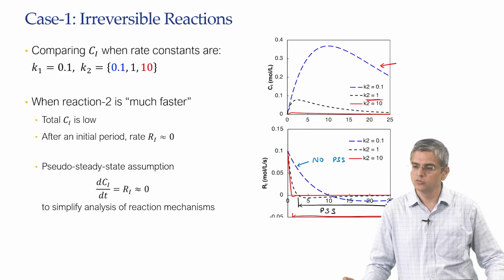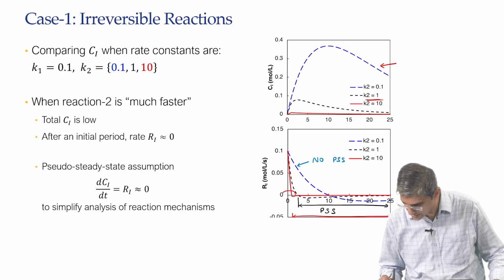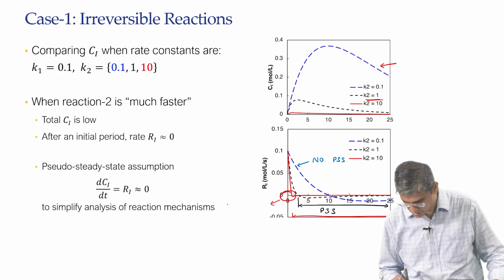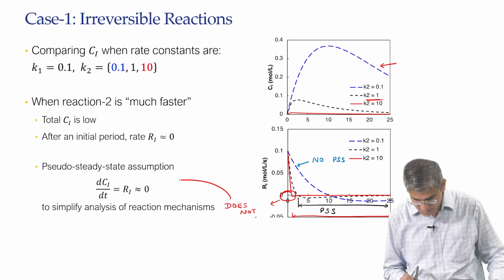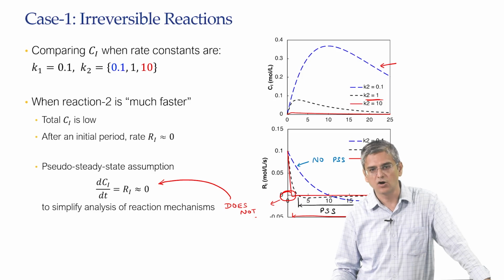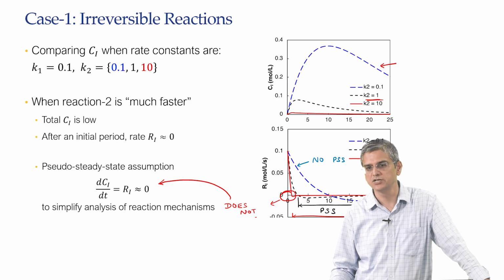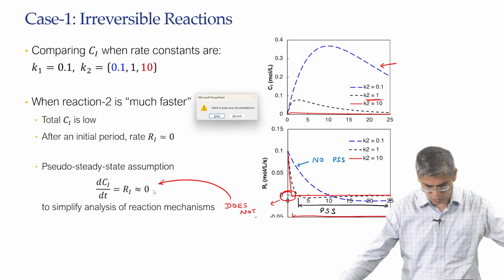What we are going to do with pseudo steady state approximation is we will say that what happens in this region does not matter, and hence we will use an approximation dCi by dt or Ri is approximately equal to 0, okay.